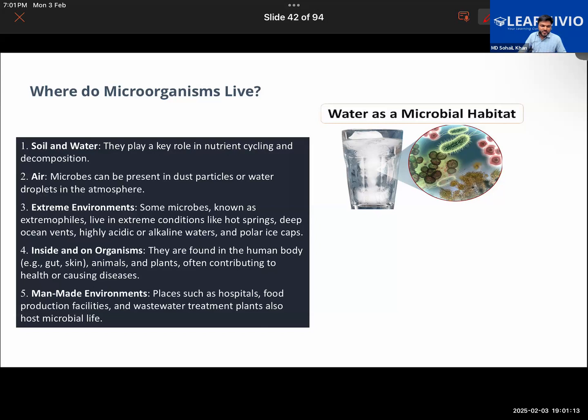Further, it is present inside the bodies of humans, animals and plants, and some microorganisms even have other microorganisms living in their body. For example, inside a bacterium a virus could be living. So microorganisms are found everywhere, right?